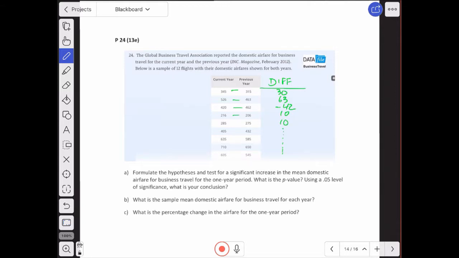So we could repeat all of that, and then we would refer to those as the differences, di, okay? So the X bar D, which is the sample mean of the differences, is just a matter of adding up those 12 values and dividing it by 12.